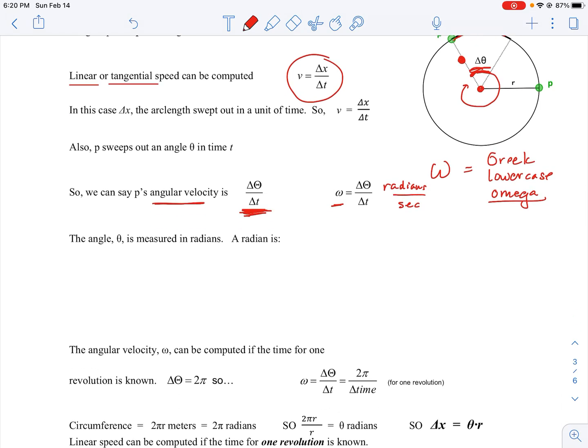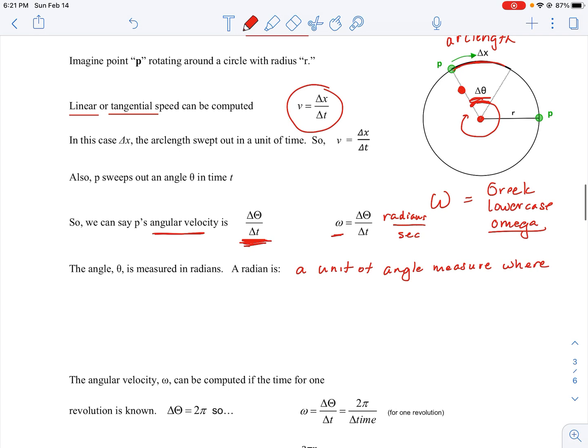Okay, so I made a video talking about radians, but I'll put the definition here. A radian is a unit of angle measure where one radius, as we did in the last video, is laid across the circumference of the circle.